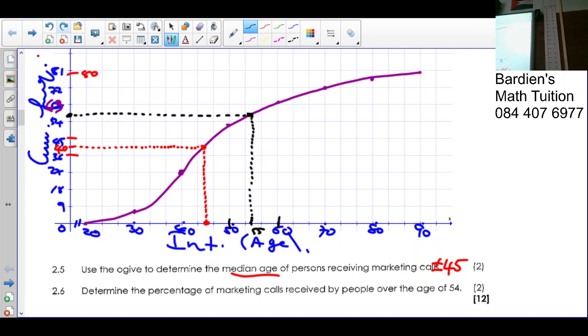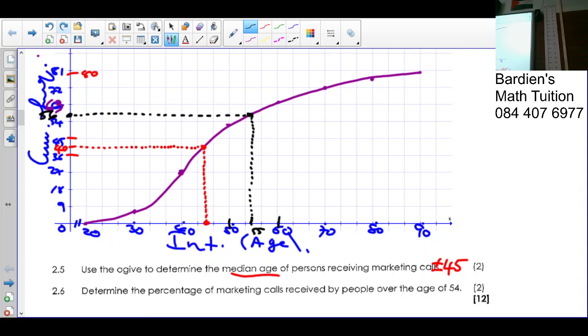So what do you think that value would be now? It's between 54 and 63. Give me a value. Okay, I'll give you a value: 56.